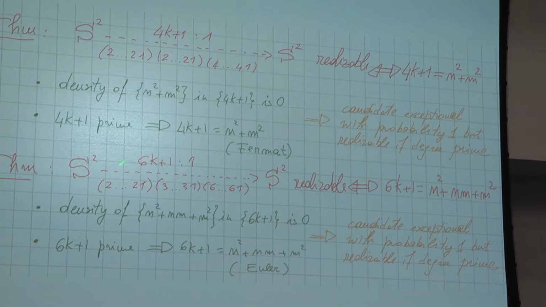And similarly for the case of degree 6k plus 1, partitions 2221, 3331, 6661: this is going to be realizable if and only if the degree is of the form n squared plus nm plus m squared with n, m integers.